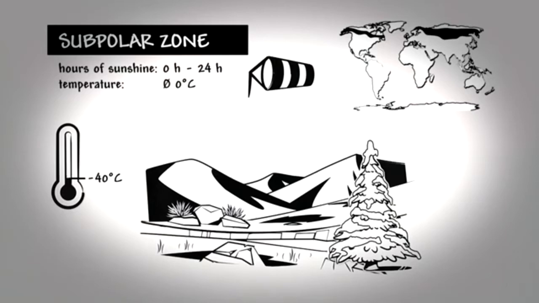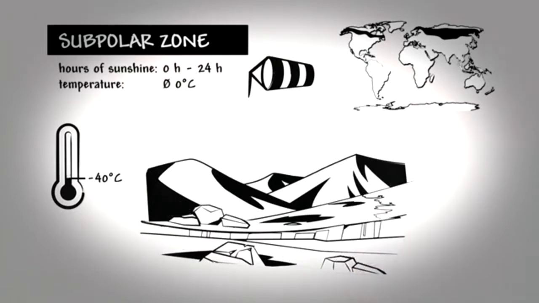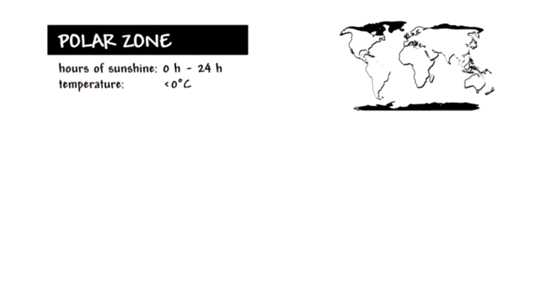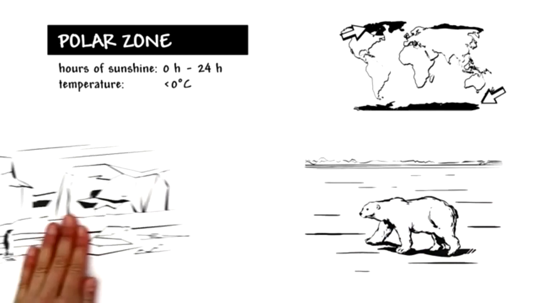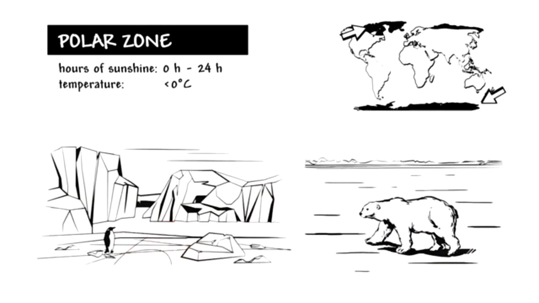The closer you get to the polar caps, the bleaker and colder it becomes. Now we are left with the polar zones, also known as cold deserts. At the North Pole is the Arctic, with lots of lowland. At the South Pole is Antarctica, with lots of mountains. Almost no plants grow in the polar zones because the conditions are far too poor.